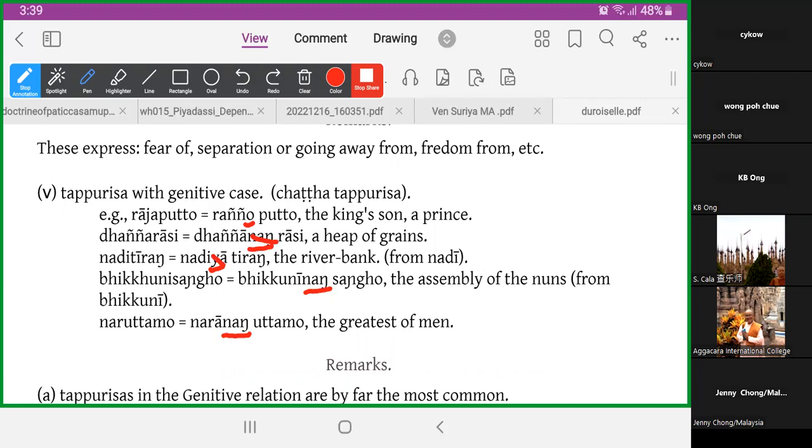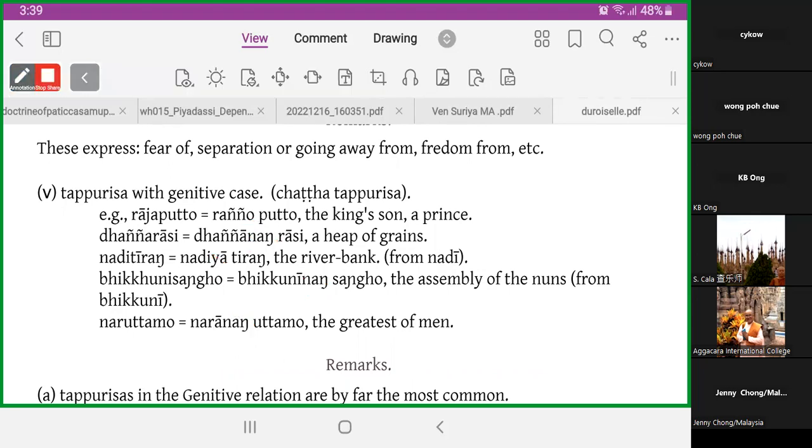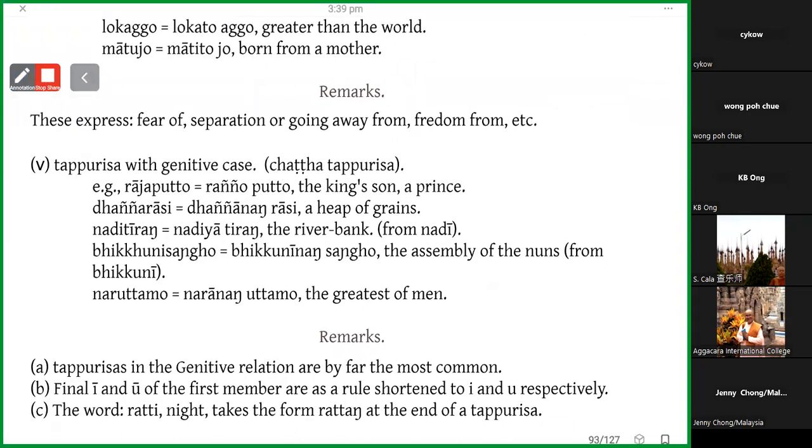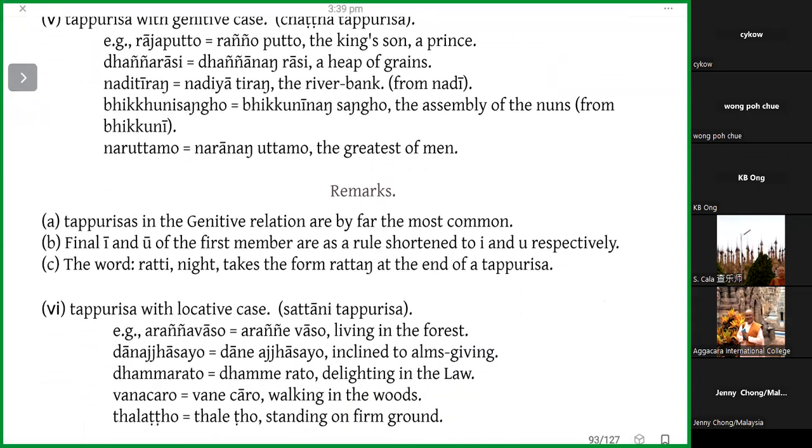Nadiya, you drop the ya here, Nadi Tiram. You drop the num here, become Bhikkhuni Sango. You drop the num here, Nara, and you combine, so Naruttamo. Genitive means that something is a part of something, it belongs to a portion of something. So the king's son means a prince here. This one is not so difficult.